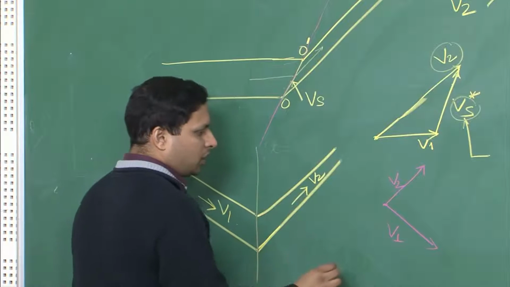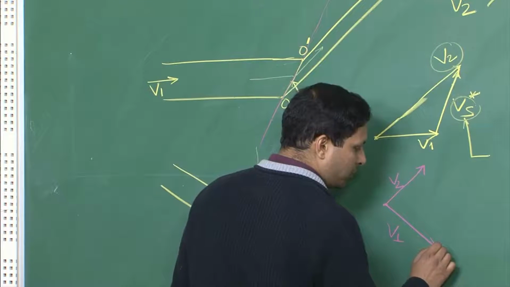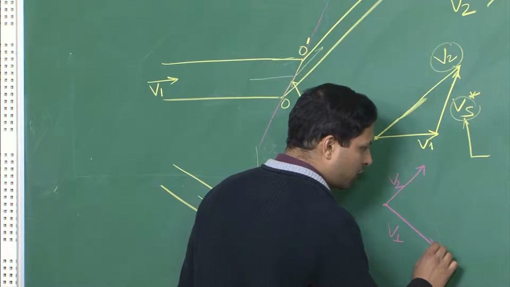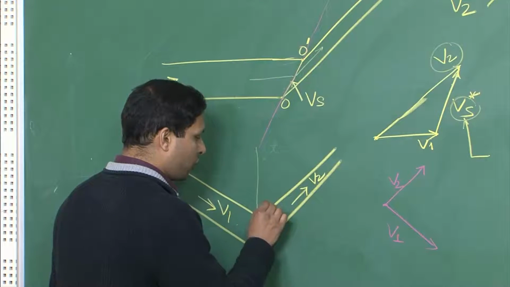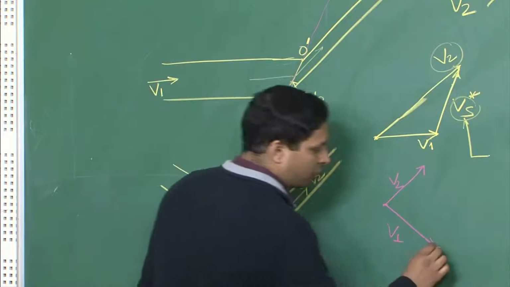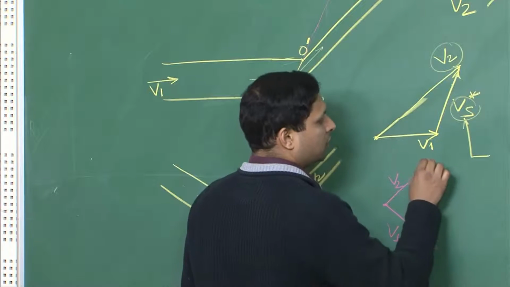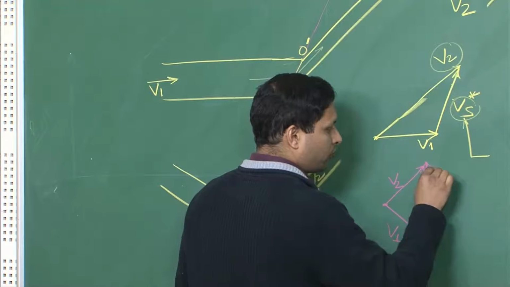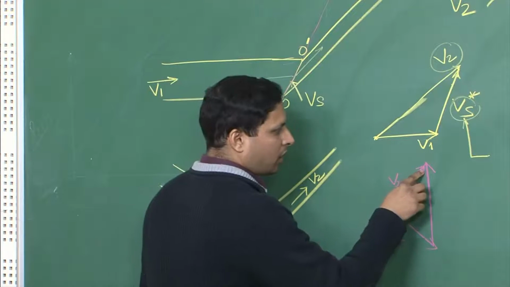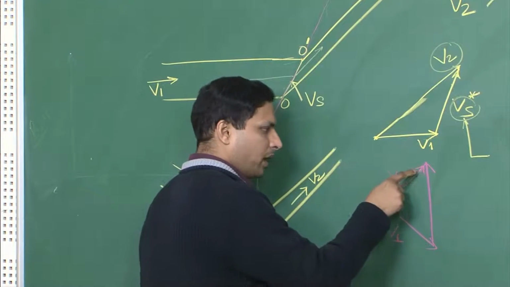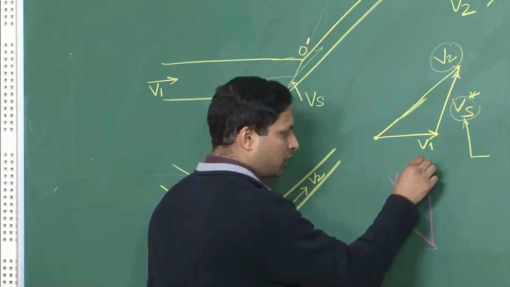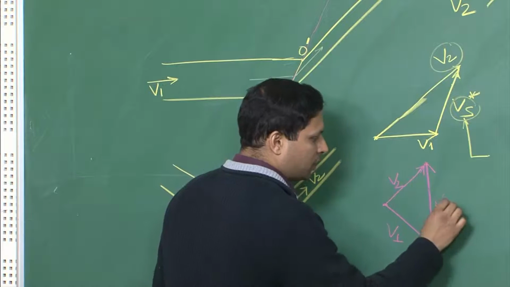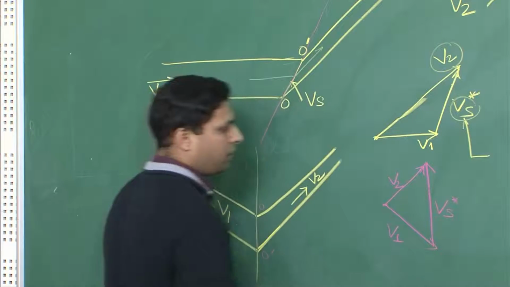Therefore, the vector for the shearing velocity has to be drawn parallel to this line. So again I will call it O prime. I will draw it parallel, which in this case is vertical, and so far I did not know the magnitude of V2, but now once these two vectors intersect, I know this is the magnitude for V2, I know this is the magnitude for Vs, which is again Vs star.